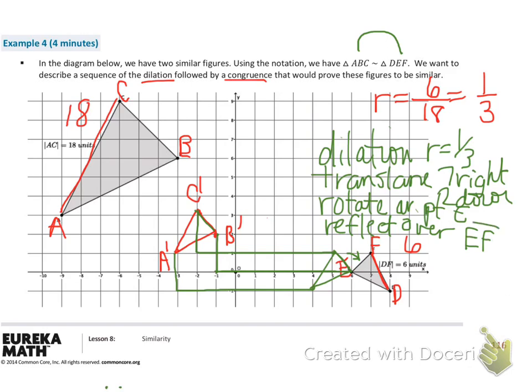Okay, so we had a dilation, a translation, a rotation, and a reflection. Cool, so we had a dilation followed by a congruence, and we proved that those two figures were similar.